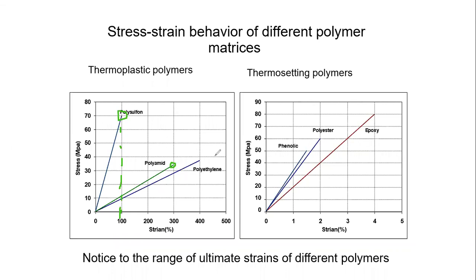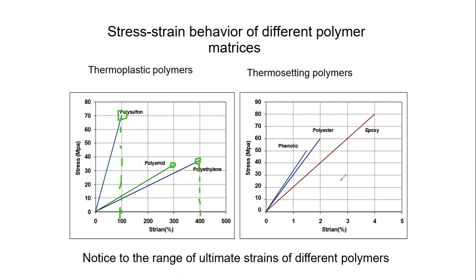The polyethylene has somewhat 35 to 38 megapascals of stress and 400% strain. So it is higher in the strain than the stress. These are the three examples we have seen in the graphs.